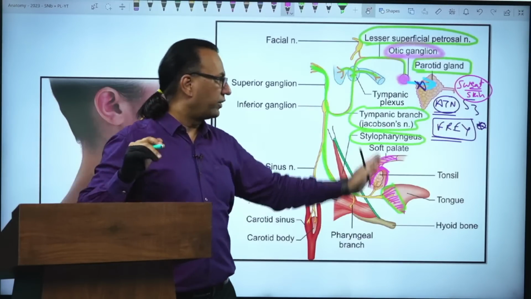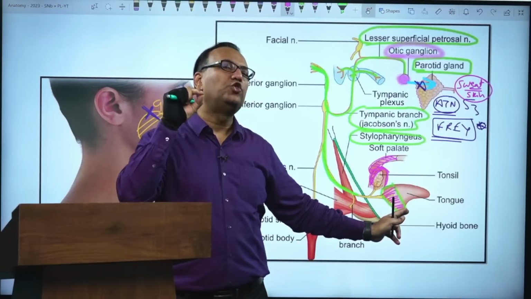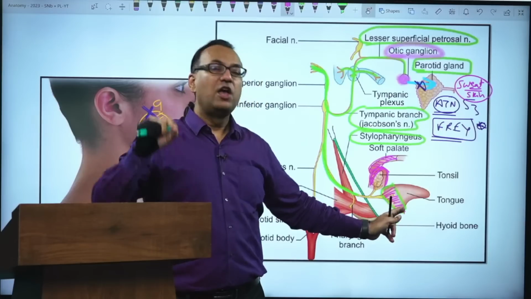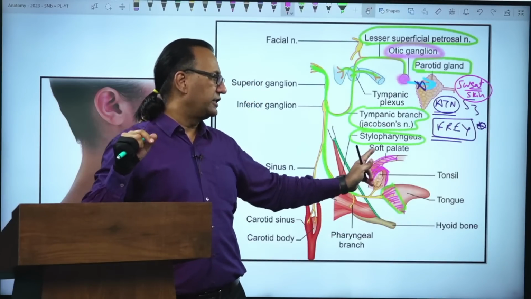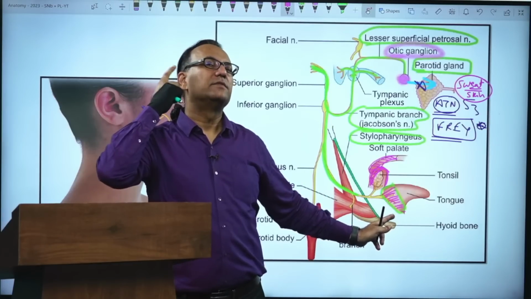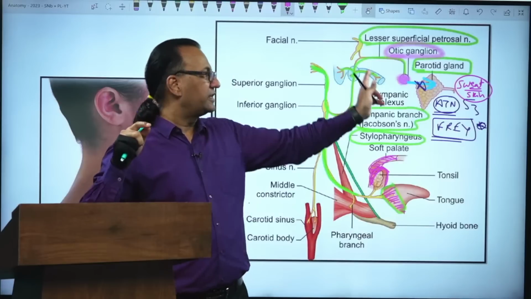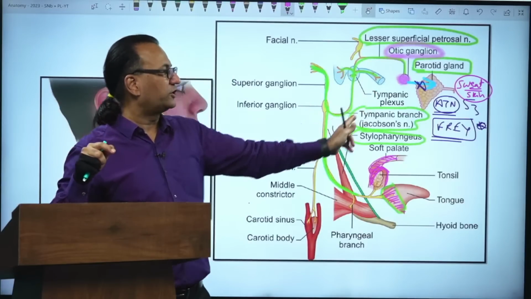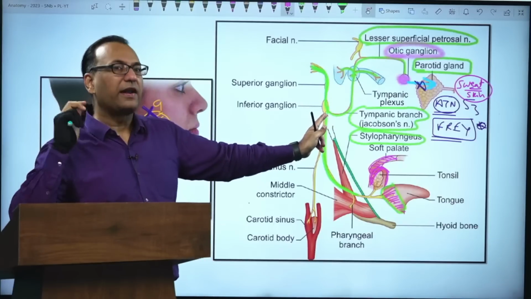So referred otalgia. Any tumor in the posterior 1/3 of tongue, any tonsil pathology or any soft palate pathology can present as earache, because this area sensation is by ninth nerve and middle ear cavity is also ninth nerve, especially tympanic branch of glossopharyngeal nerve. That nerve is responsible for referred pain.